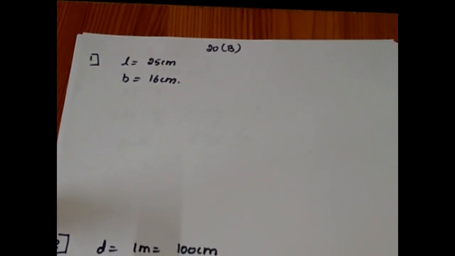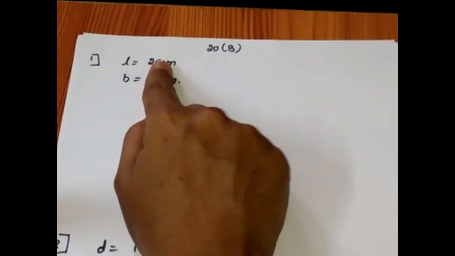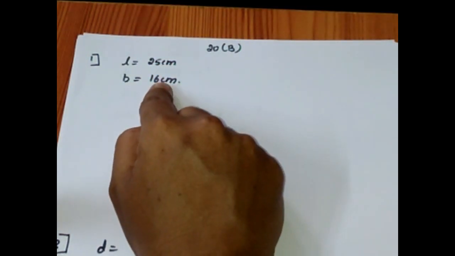Okay, the first question is very clear and direct: find the area of a rectangle whose length and breadth are 25 centimeter and 16 centimeter. As per the reduced syllabus, children, you don't have many different types of problems, but it is necessary to know that before you proceed with any problem related to mensuration, first make a note whether the given values are of the same units of measurement.